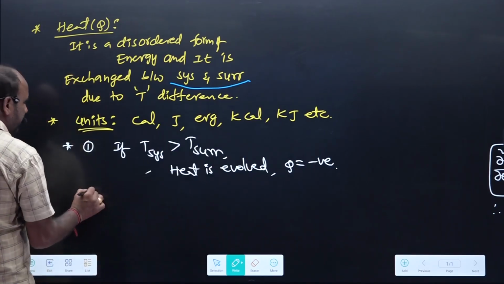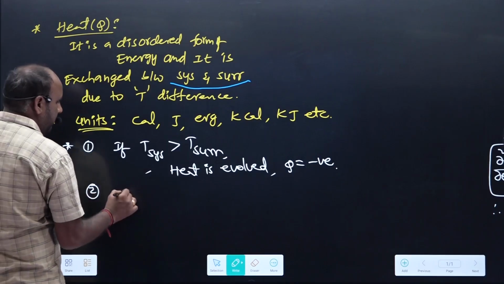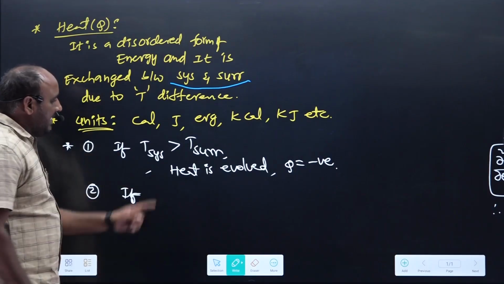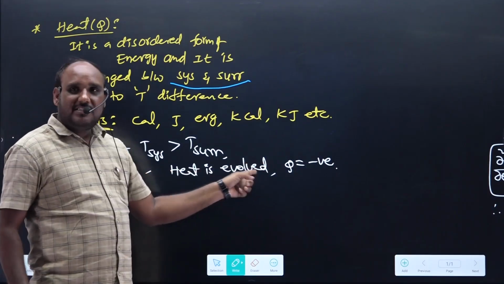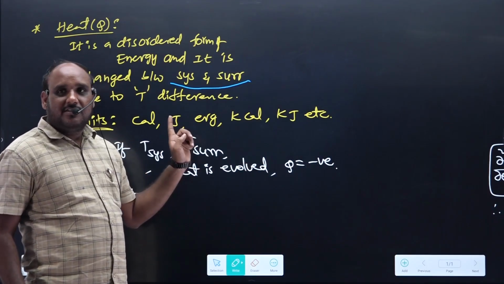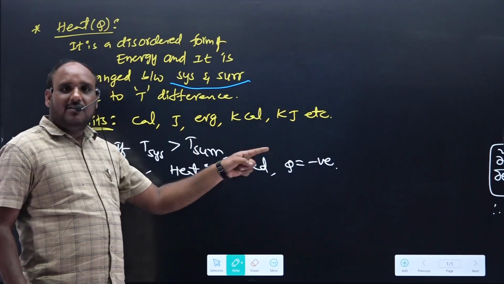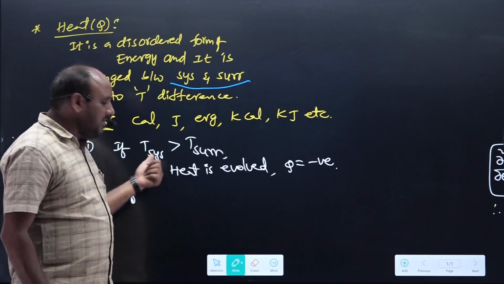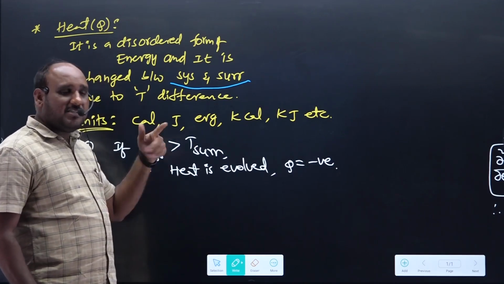So the second situation. When heat is evolved, is it by the system or surroundings? Heat is evolved by the system, because the system temperature will be more, right? Terminology is very important.